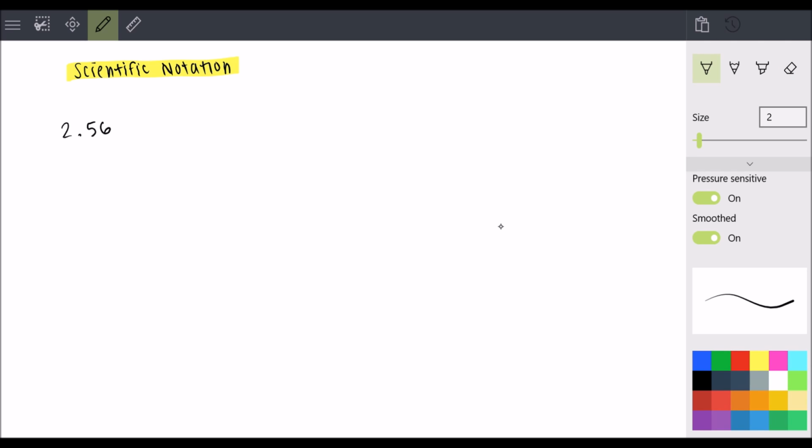Now let's try something new. Instead of taking a number and forming it into scientific notation, we'll do the opposite. We'll take a number that is already in scientific notation and undo it. Since our A value is a negative number, we know that this number is supposed to be less than 1.